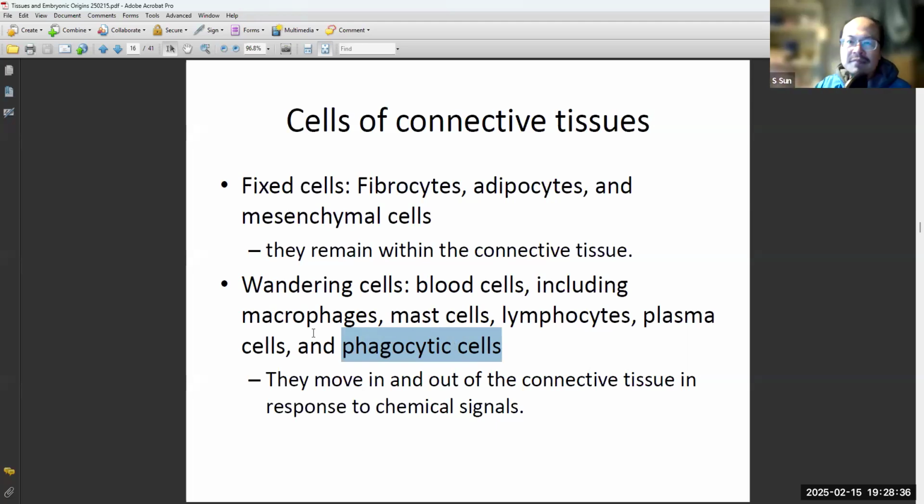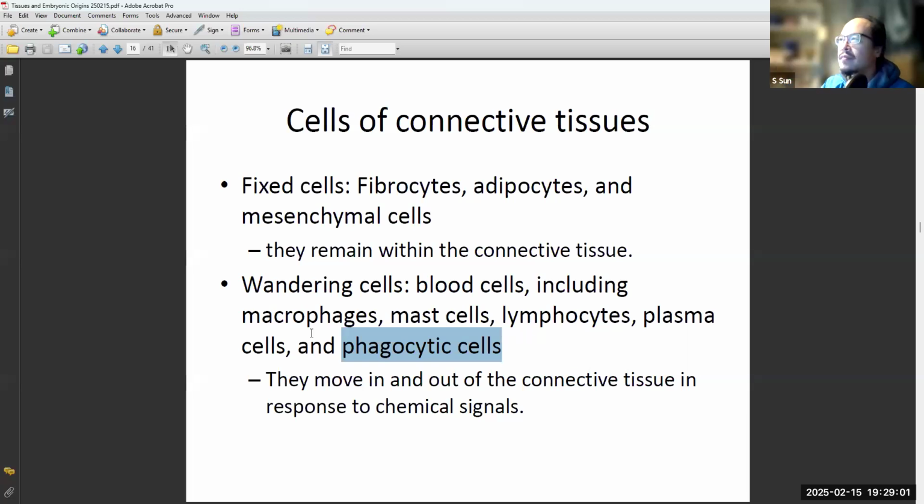So these can move between. They are transported in the blood, and when there is any tissue injury, whether muscle tissue injury or nerve tissue injury, they will leave the blood and go into the tissue to fight for the body defense.